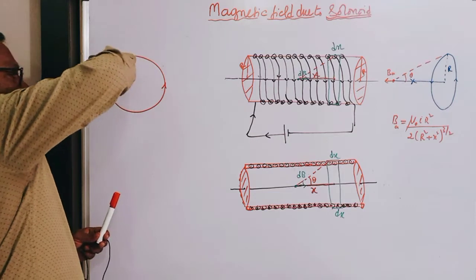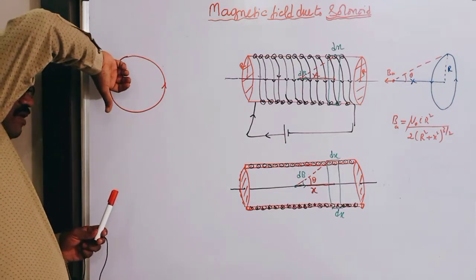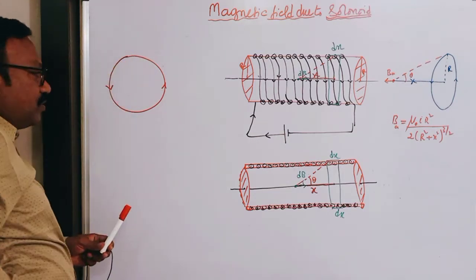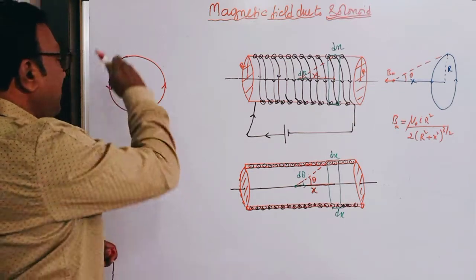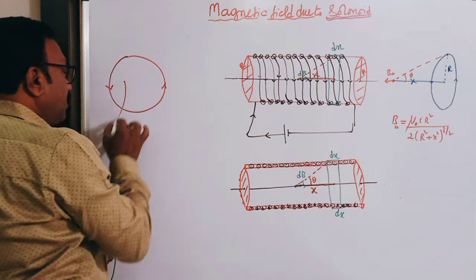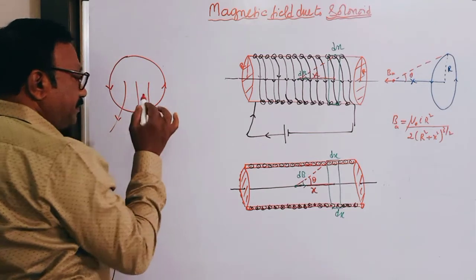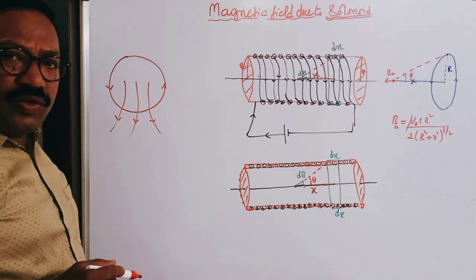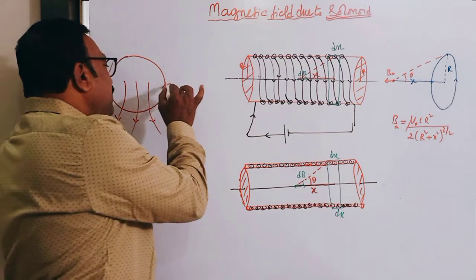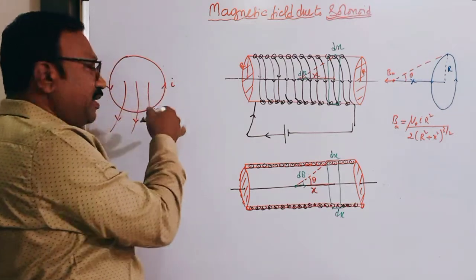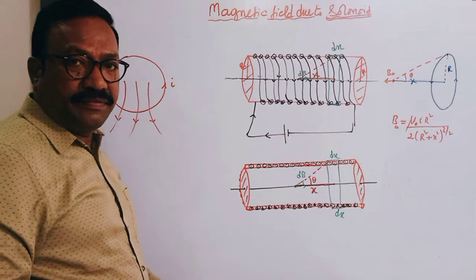Or if you hold it here, the magnetic field will be coming out. So there is an outward magnetic field here. Outward means the field comes like this. Or else you can also remember that if the current is in anti-clockwise direction, you will have an outward field.